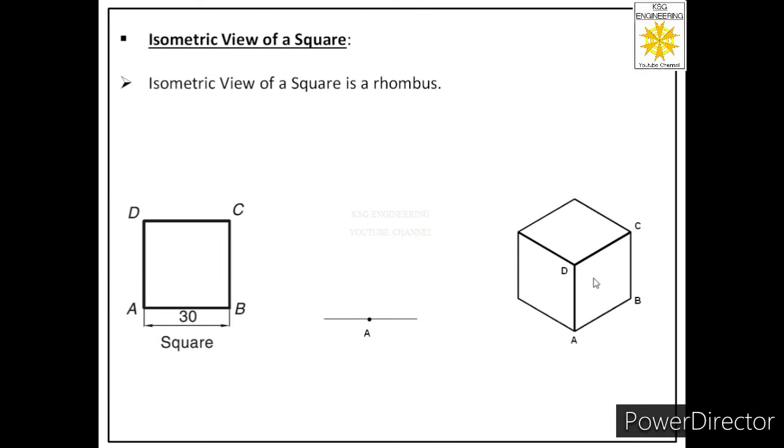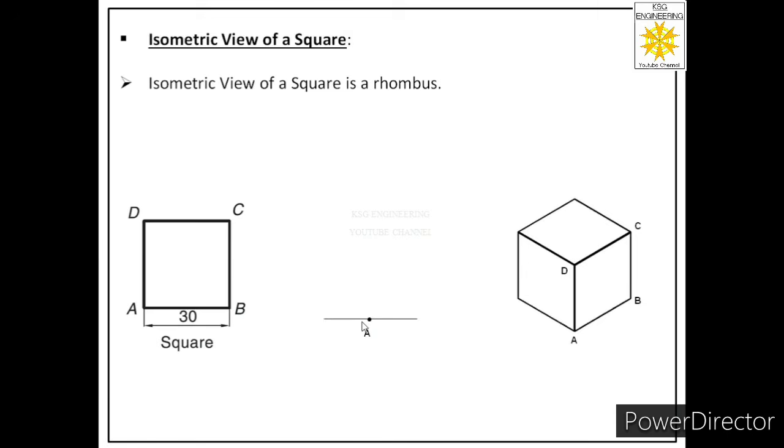Now in the right isometric view, you can see it has length and it has height. So we will draw two axes over here. One axis representing length and the other axis representing height. The third isometric axis representing width is not required over here because right now we are talking about only a plane.